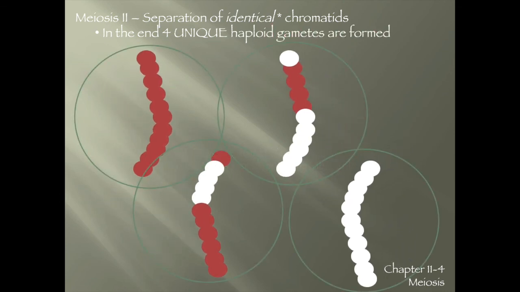So we separate those attached chromosomes and we create gametes that have a unique genetic complement in each. Just looking at this one pair of homologous chromosomes, we have 4 gametes: as I mentioned before, one that's all maroon, one that's mostly maroon with a little bit of white, one that's mostly white with a little bit of maroon, and one that's all white. And again, only one of those guys is going to make its way to the next generation.